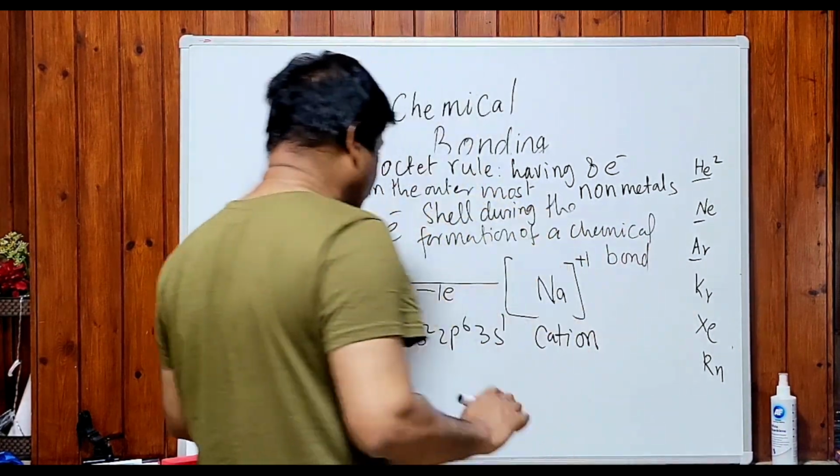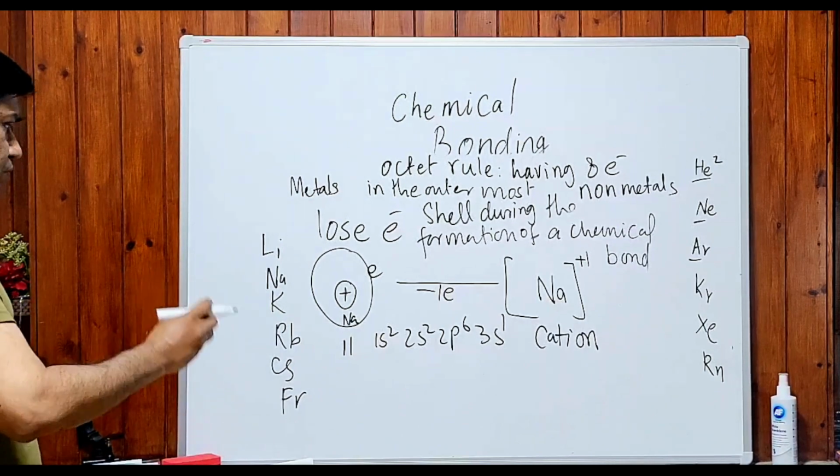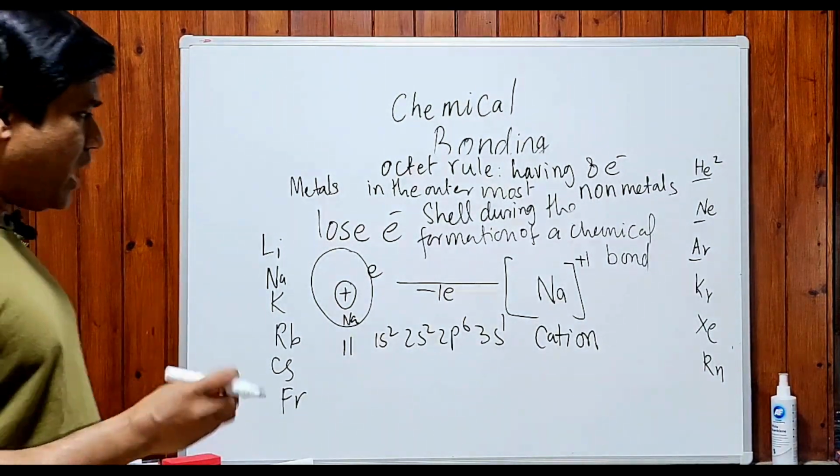Okay, sodium lost one electron, having 8 electrons in the outer shell to form ions.